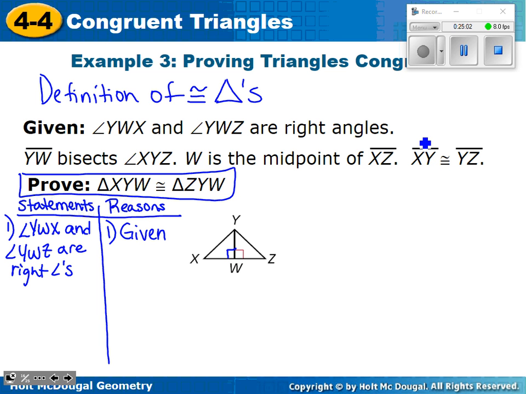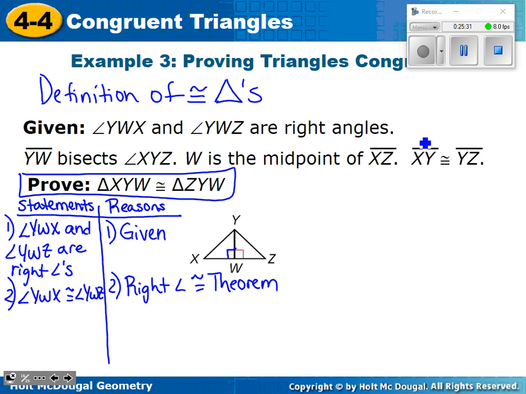You could take 3 steps and do that, and you would get full credit in your proof. Totally fine. If you forget the theorem. Or, as soon as you know that 2 angles are right angles, you can go straight to angle YWX is congruent to angle YWZ. And the reason Tyler said was right angle congruence theorem.